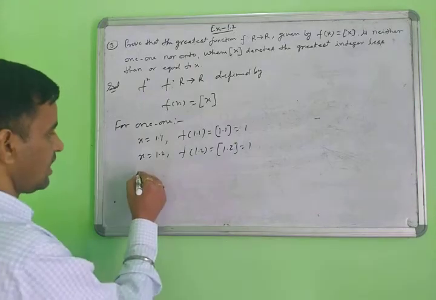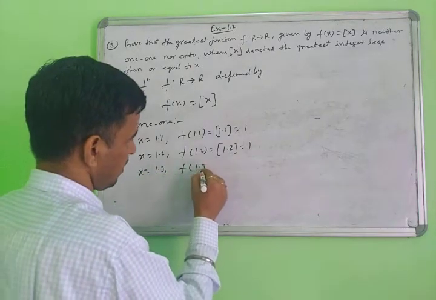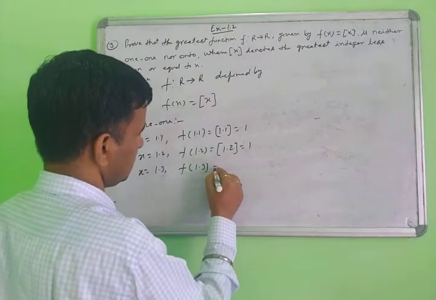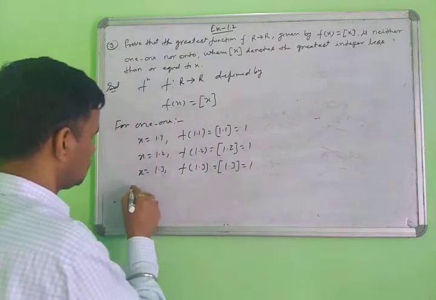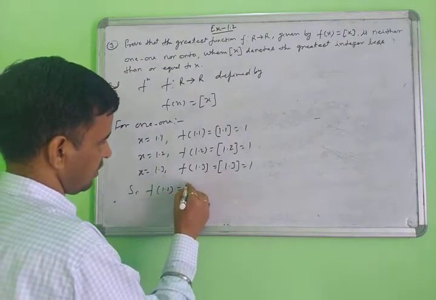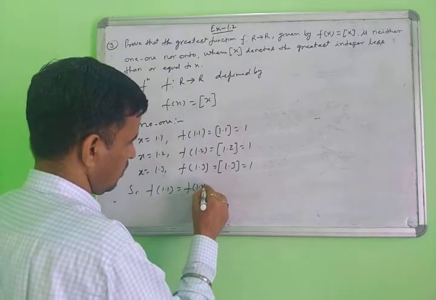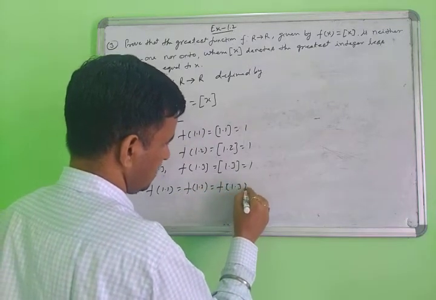Similarly, if we put x equal to 1.3, then the greatest integer function of 1.3 is also 1. So f(1.1) equals f(1.2) equals f(1.3) equals 1.